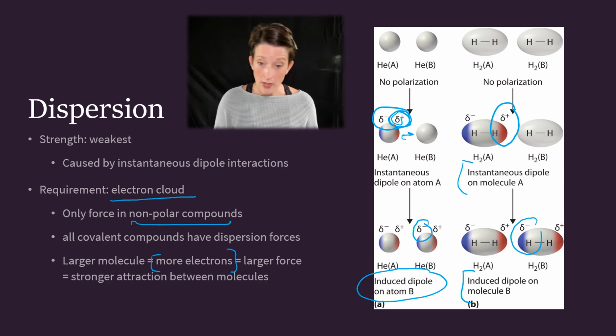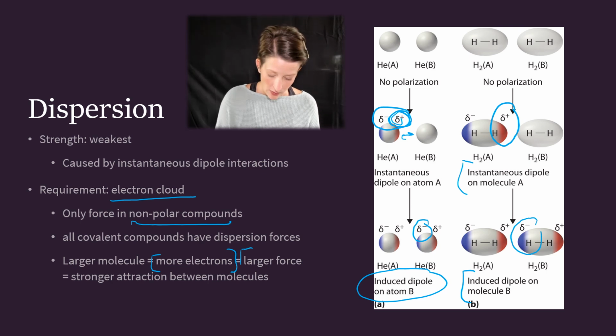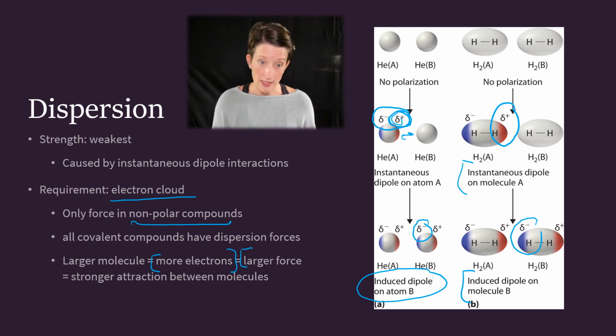The more electrons you have, the stronger that instantaneous dipole and that induced dipole is going to be. So you're going to create a larger force of attraction between separate molecules. And so when you have that larger force of attraction, you're going to see that phase change, and it's going to have that difference in melting and boiling point.